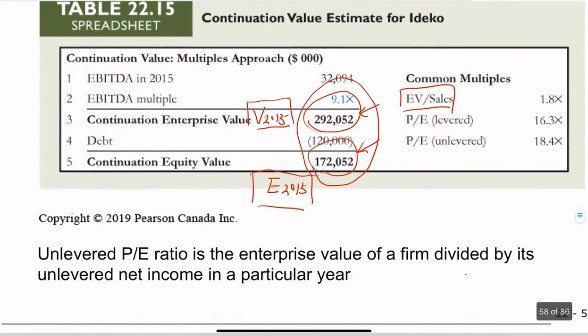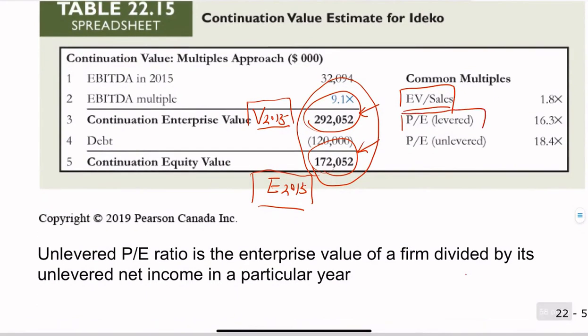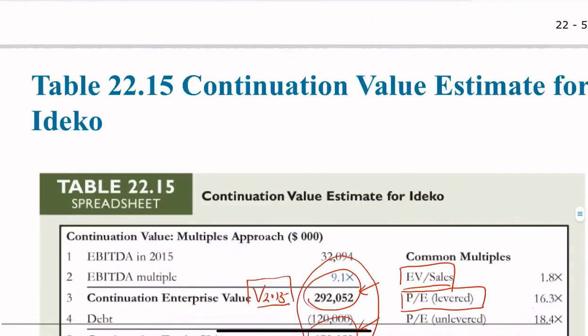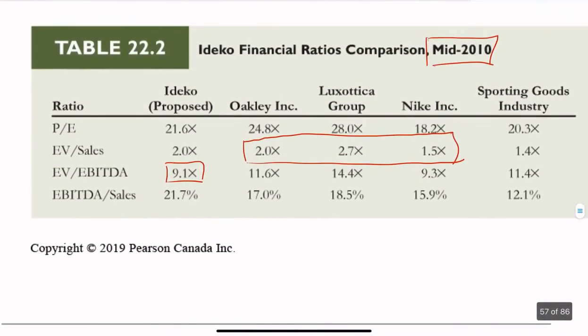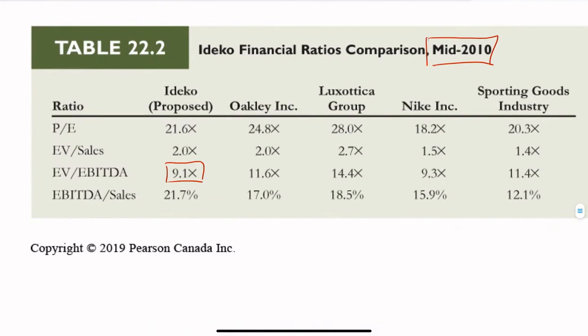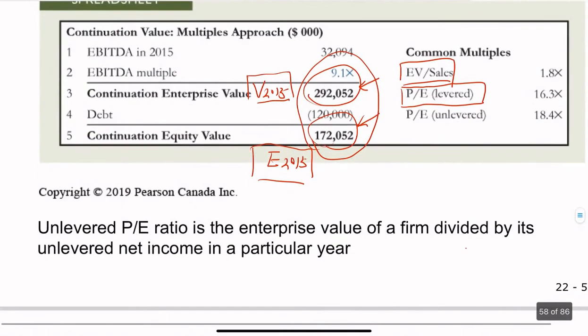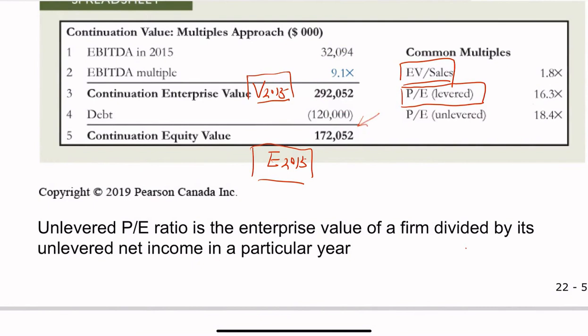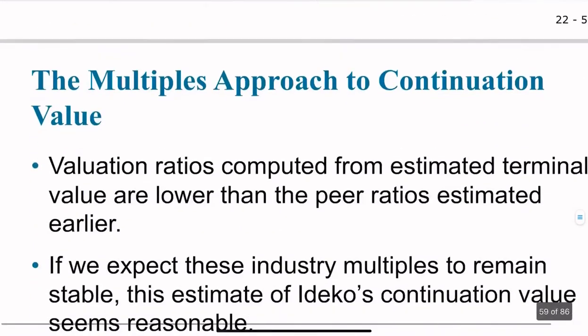You could also check the PE ratio. So the PE ratio is 16.3. And you can see that here, the PE ratio for comparable firms ranges from 18.2 to 28. So again, you can see that the PE ratio of 16.3 is reasonable. So this basically gives you some confidence that your estimated numbers, these two numbers, are reasonable estimates, right? Okay.